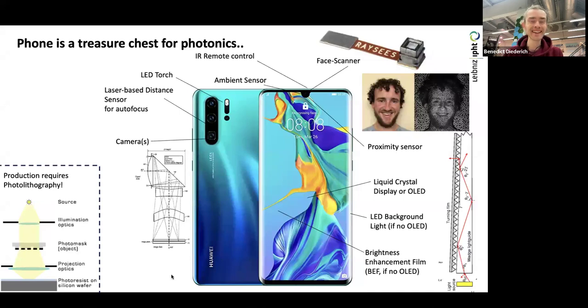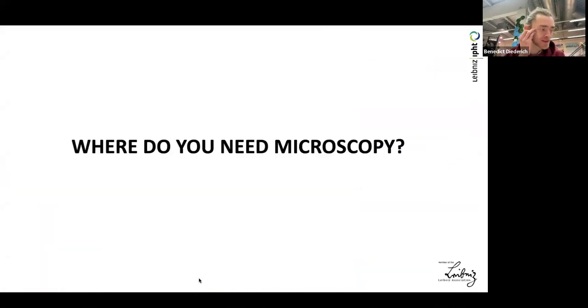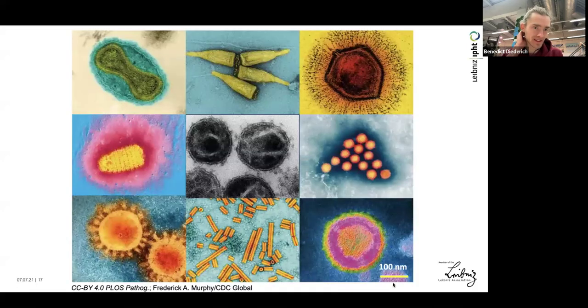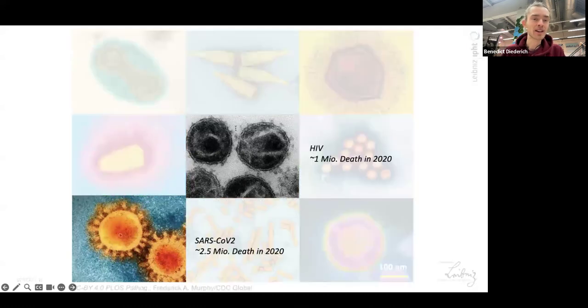Okay. Cool. So just a sweep through the applications, which is now microscopy, and just to motivate why microscopy is needed. Here you see a small variety of different viruses. Maybe you can identify some of them. Just picking two that are very deadly globally: HIV, where I took some data from 2020, and I think it's still rising; SARS-CoV is maybe not that high anymore.